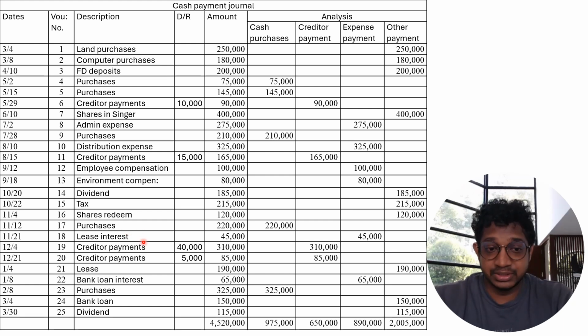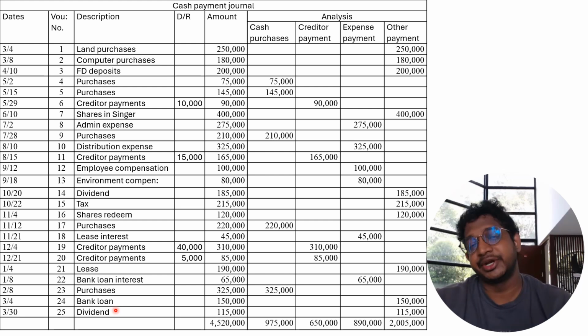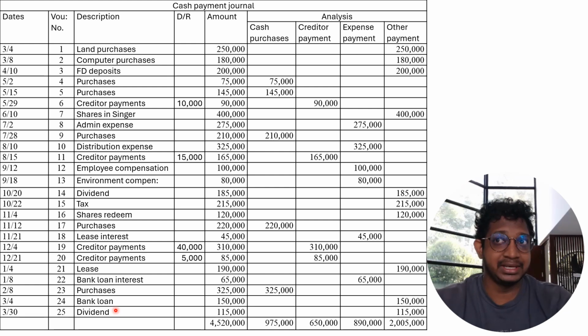And lease interest and bank loan interest, all together you have to record in interest payment, and after that the tax payment in a specific place in operating activities. Lease and bank loan repayments come in financing activities. Keep in mind when an installment is given, an installment means credit portion plus interest. Let's say they give lease installment paid 50,000 including 10,000 interest.